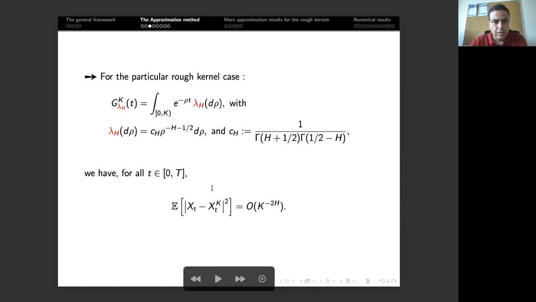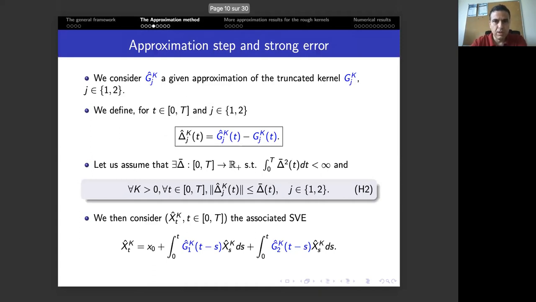Then we can compute explicitly the upper bound R of k that behaves like k to the power minus 2h. So here the strong error associated to the truncation procedure behaves like k to the power minus h. So this is the first source of error in our approximation scheme, due to the truncation.